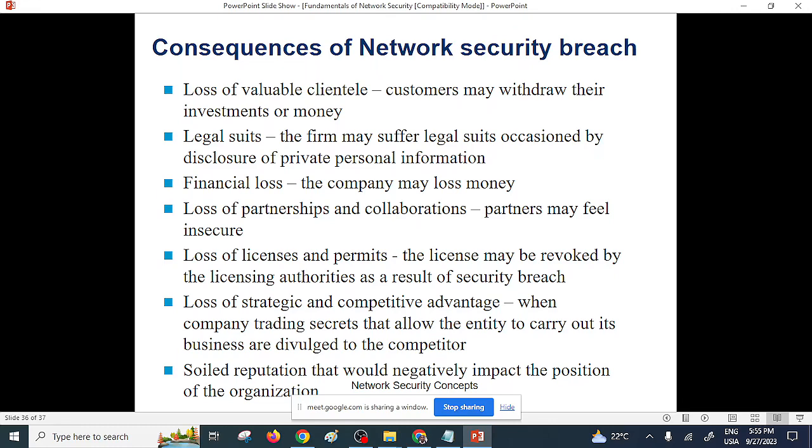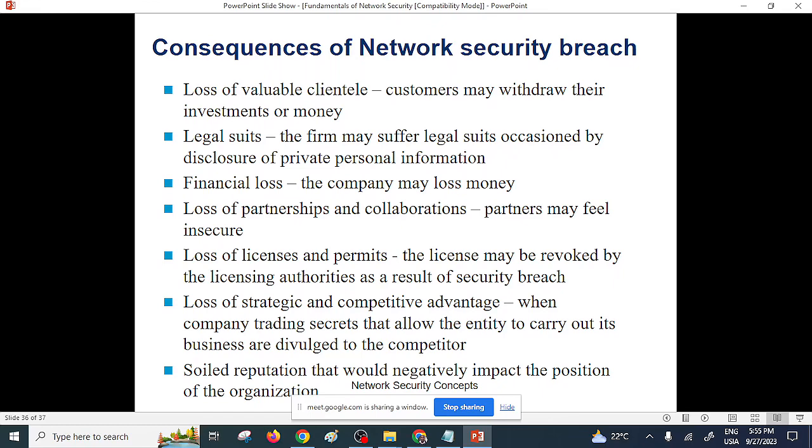Financial loss, right? Like banks can lose money when there's an attack. Loss of partnerships and collaborations, right? Even the government might not give you the leeway of doing your business if there are frequent attacks. If clients keep on complaining, the government can always take action, and they can revoke your permits or licenses.